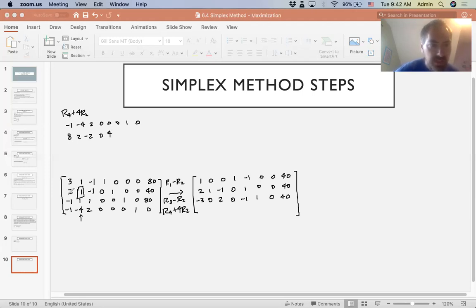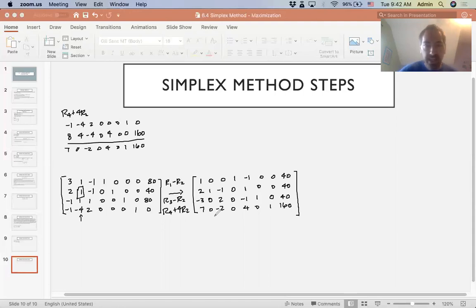What did I say? 2 times 4 is 8, 1 times 4 is 4, 4, and then negative 4, 0, 4, 0, 0, 160. So 7, 0, negative 2, 0, 4, 0, 1, and 160. All right, we got all ones and zeros in that second column.